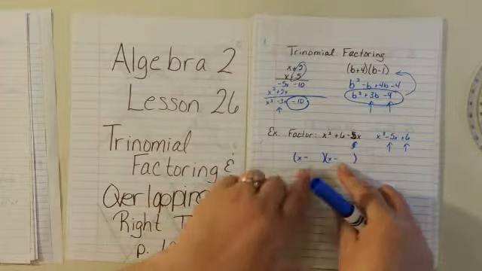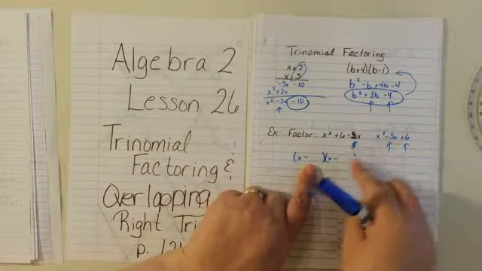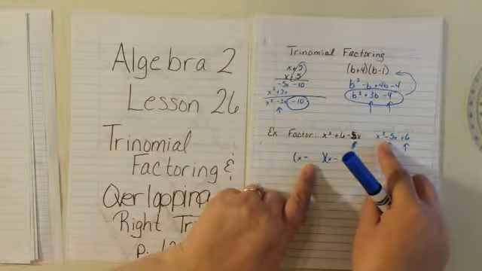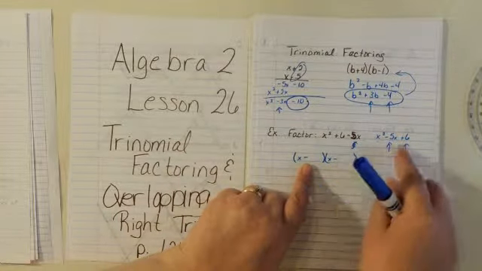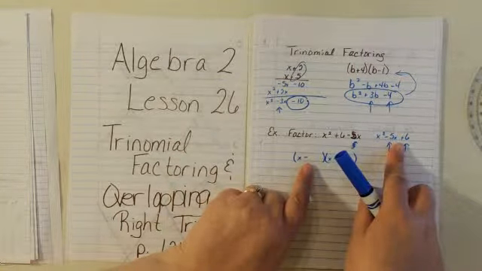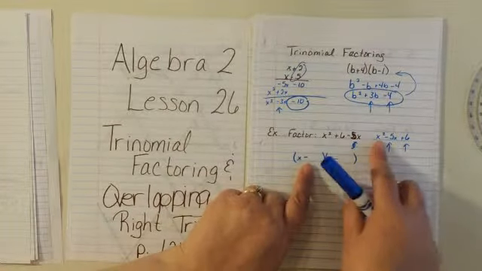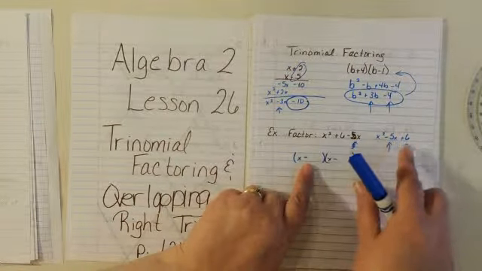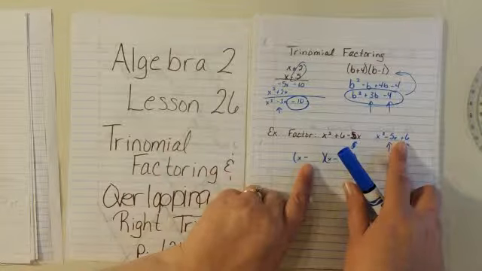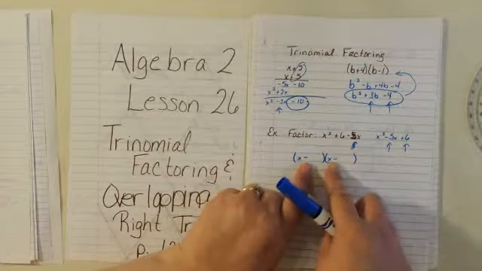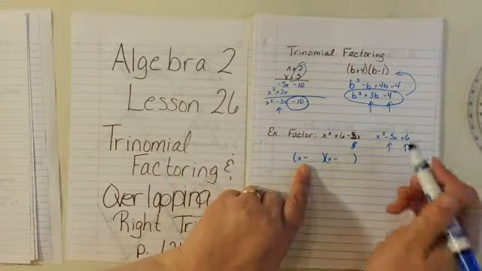Because two negatives multiply to a positive, but they add to a negative. Right? If it were one positive and one negative, then this would have to be a negative. Or if they were both positives, then this would have to be a positive. So since this term is positive and this term is negative, both of these terms have to be negative.